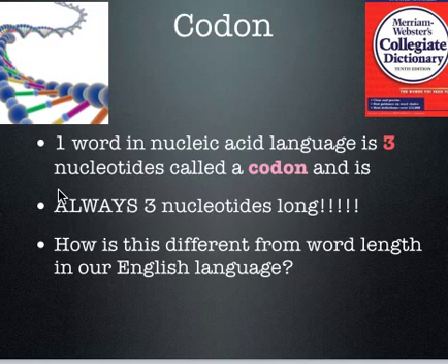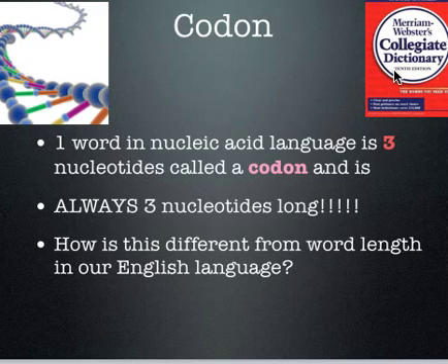Now, towards the bottom of the front page, one word in nucleic acid language is 3 nucleotides long. So the number 3 goes in that first blank. And a word in nucleic acid language is called a codon. So in our English language, here's our little college dictionary.